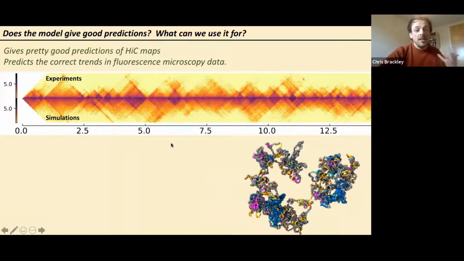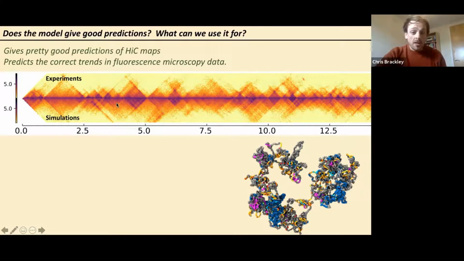Okay, so is the model any good? Does it work? Here's a visual example. I'm showing some of this Hi-C data from an experiment along the top here, and then underneath, like a mirror image, I'm showing some simulation results from the same chromosome region. Hopefully you can see that the prediction for where these domains are is pretty good.